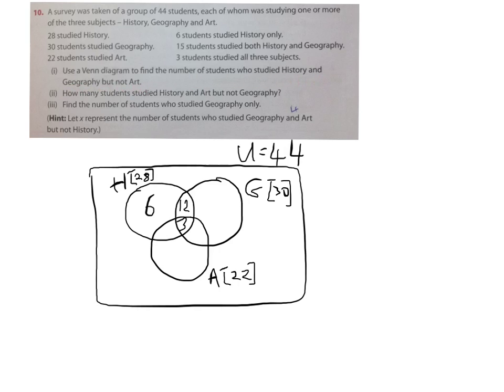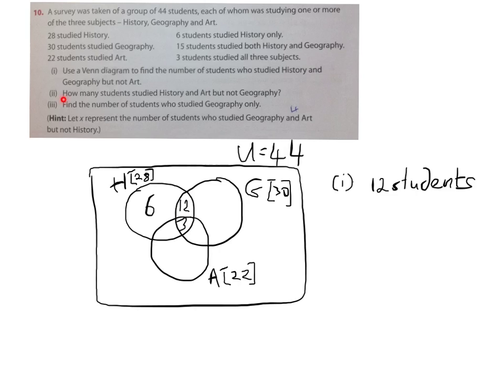So the students who studied history and geography would be within this section, but if we mean the students who studied history and geography but not art, then it can't be within this section. So really the section we're talking about is here, the 12 students. These 12 students, yes, they did study history and geography, but they definitely didn't study art. So that would be our answer for this part of the question.